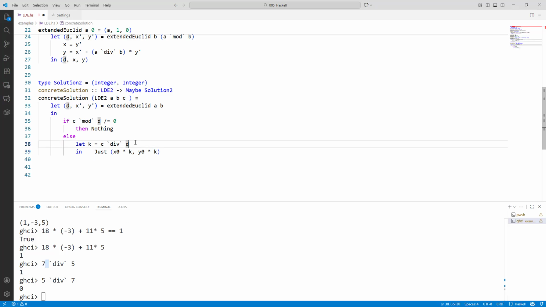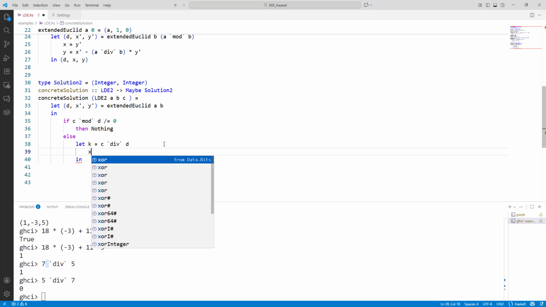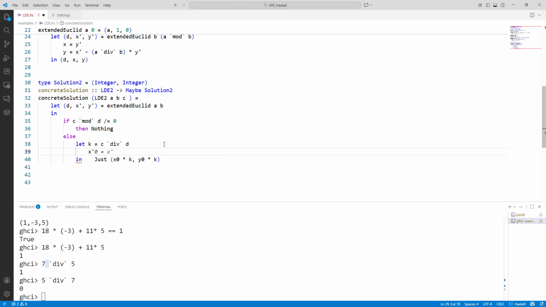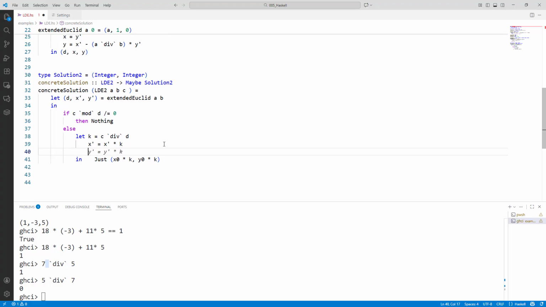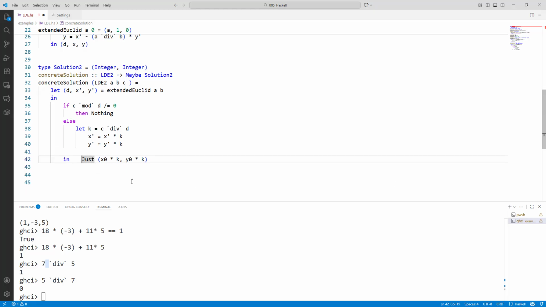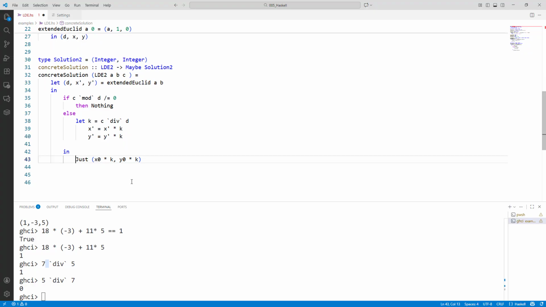Okay, so C divided by D, and then I'll write it a bit better, and it already knows X prime equals X prime times K, and Y prime is Y prime times K, in Just, X0 and Y0, but I don't like X0.